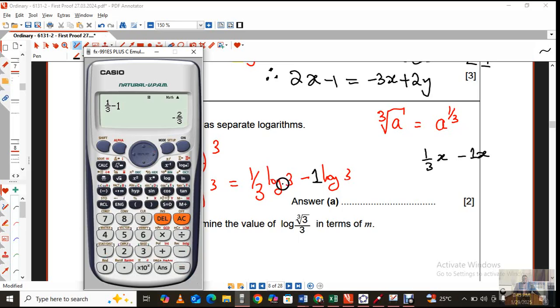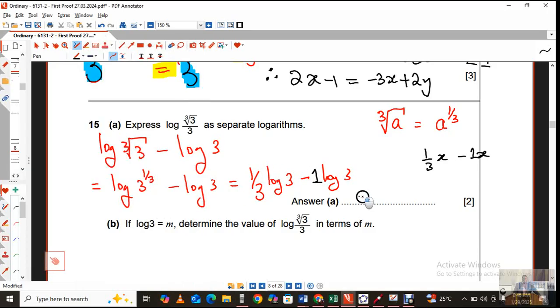So think of this log 3 as an operator, like an x. Just subtract the numbers in front. Then I will get here negative 2/3, but I don't put x, I'll put log 3. Right, so this is my solution.